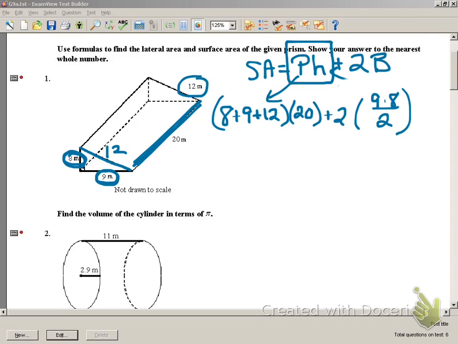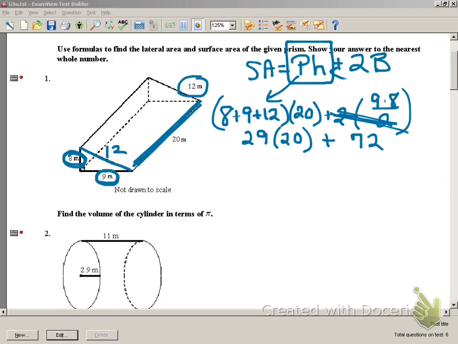Now when I add 8, 9, and 12 together, I get 29 times 20. I'm going to cross the 2's out because they cancel. So that's plus 72. Now, when I multiply 29 times 20, I get my lateral area.